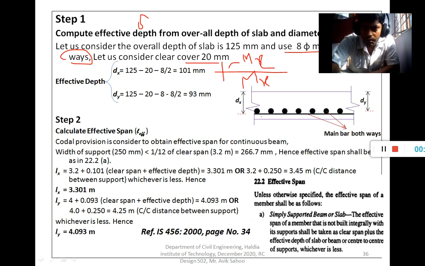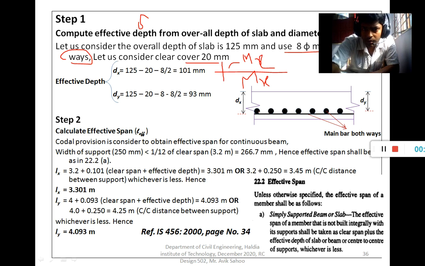This is the cross sectional view of a typical slab. Leaving the clear cover, the bar is placed. First you place the bar along the shorter direction, then just over the shorter direction bar you place the longer direction bar.